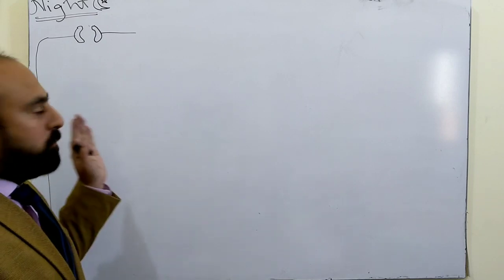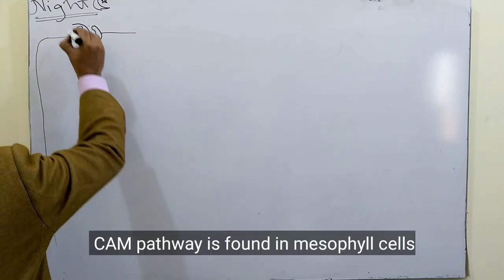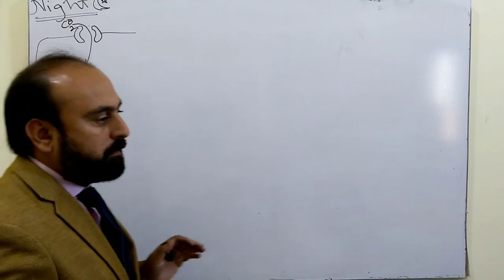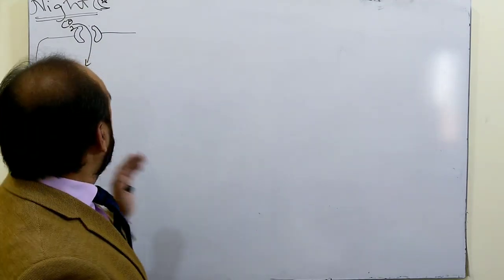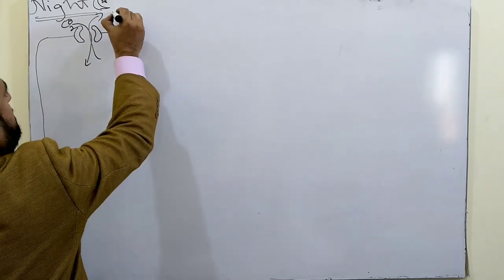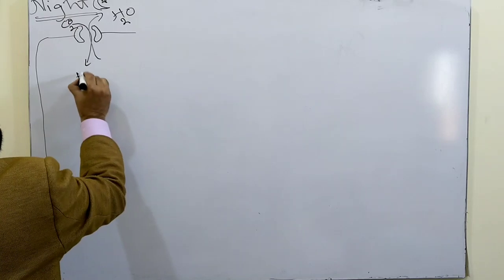During night time, their stomata are open, so they allow the entry of carbon dioxide. And you know that when stomata are open, water can also leave the cells of plants.